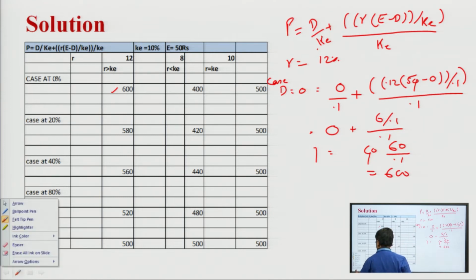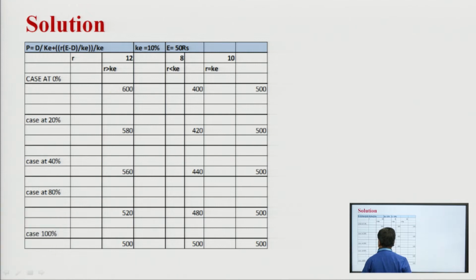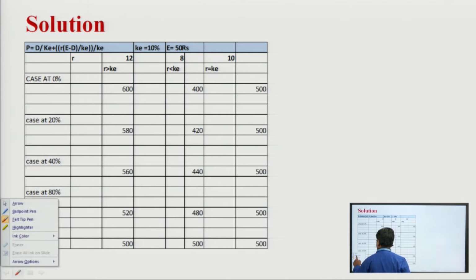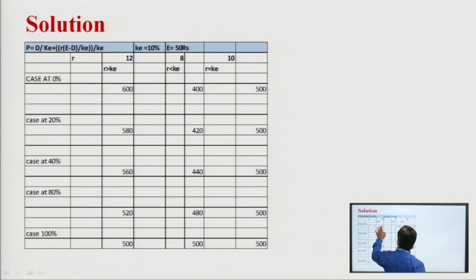Now, similarly, I do the same question with R is less than K, R is 8%.